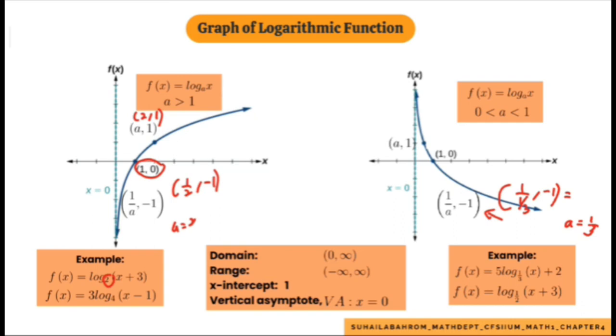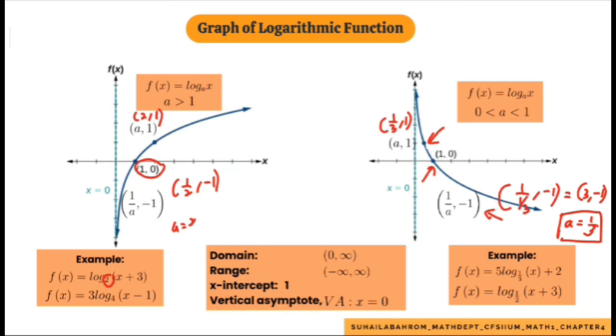So we will get the coordinate of x is 3 and the coordinate of y is -1. On the x-intercept, the coordinate is (1, 0). And the coordinate here in general is (a, 1). So when a is equivalent to 1/3, therefore the coordinate here is (1/3, 1).